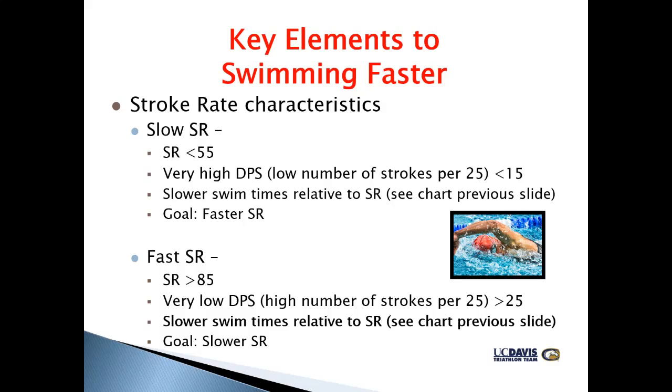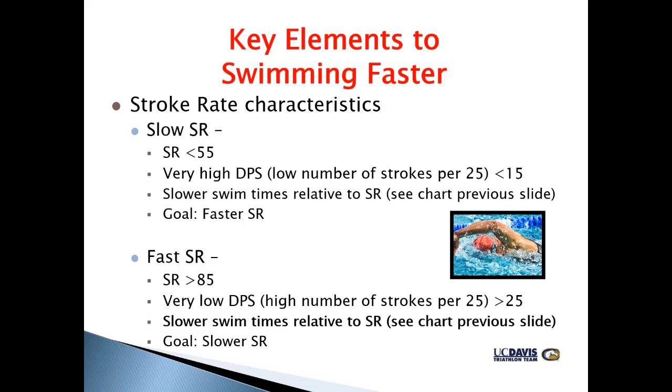On the other hand, if you have a very fast stroke rate, which I'll quantify as being around 85 or faster, and again, that's not always necessarily true for very high level national class, world class swimmers. They often swim at that level or faster. But for most people, the stroke rate might be 85 or more.